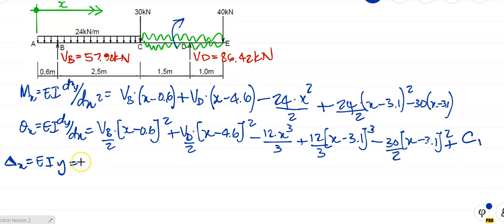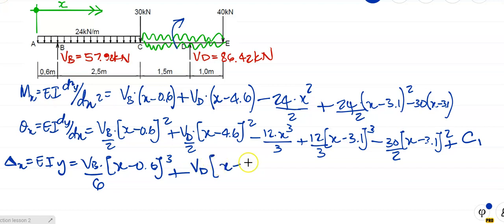Okay, so I'm going to get VB times x minus 0.6, I'm keeping my square brackets there, and it will become cubed over 6, plus VD times x minus 4.6, which is now to the power 3 over 6.